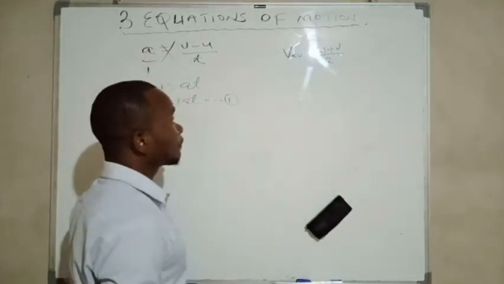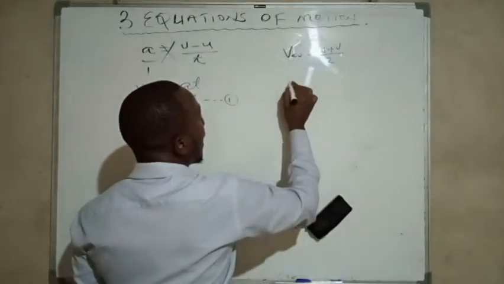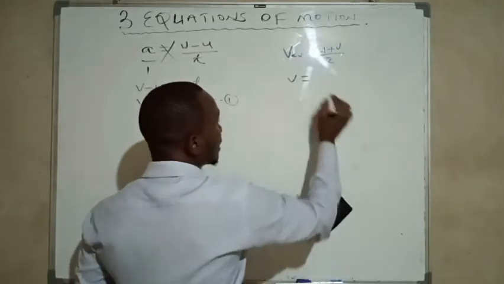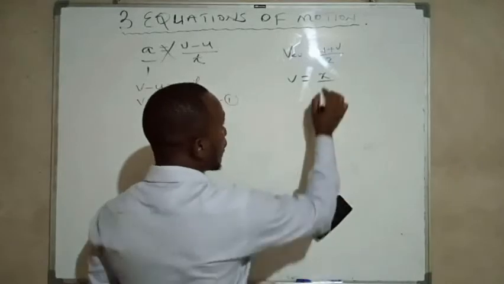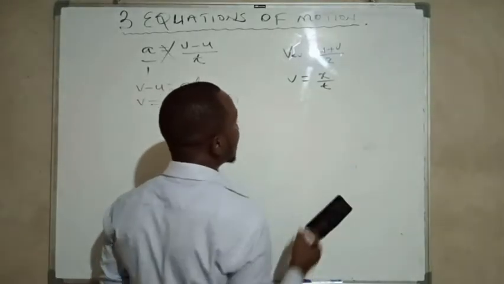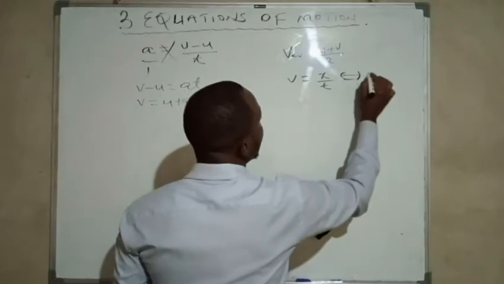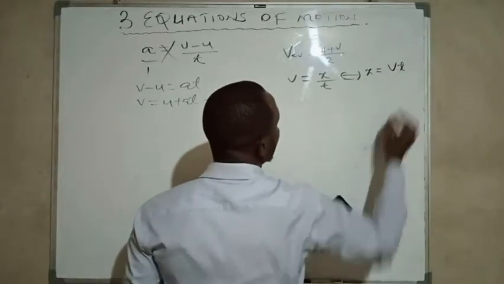And here, the next thing is, we know that the velocity or speed is given by the distance, which is displacement over time. So this one, we can find that x is equal to vt.